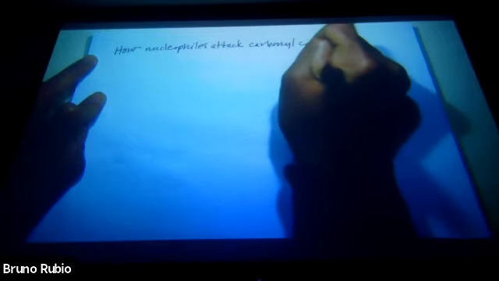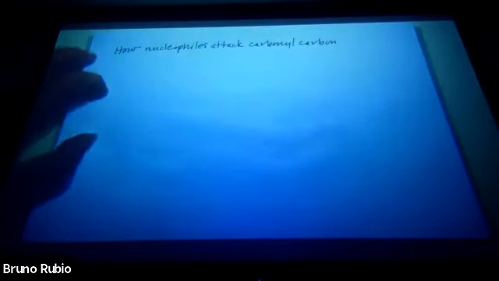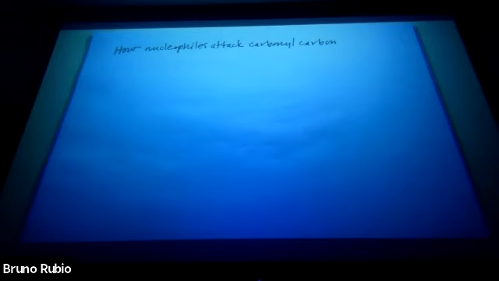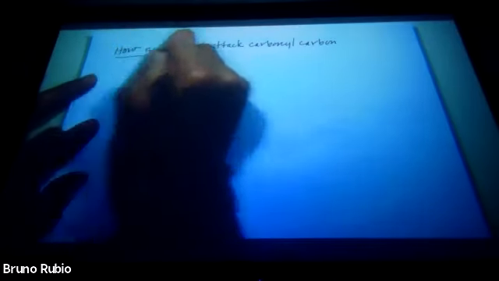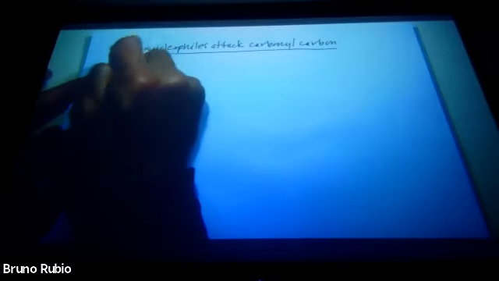Okay, so now let's talk about how nucleophiles attack the carbonyl carbon. And this is called the Bürgi-Dunitz trajectory.